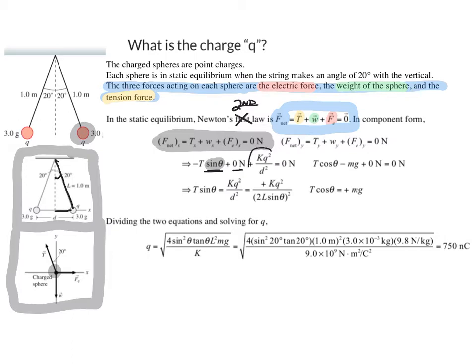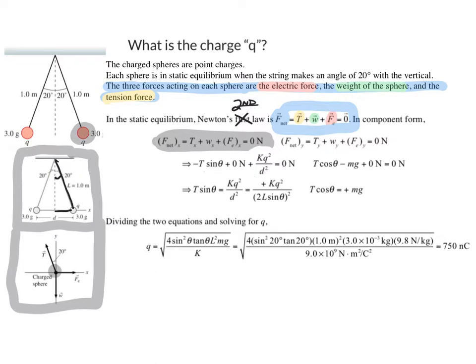Hopefully it's pretty clear that there is a non-zero Coulomb force, and it's going to be positive because they're pushing out. So we get that on our x component summing.